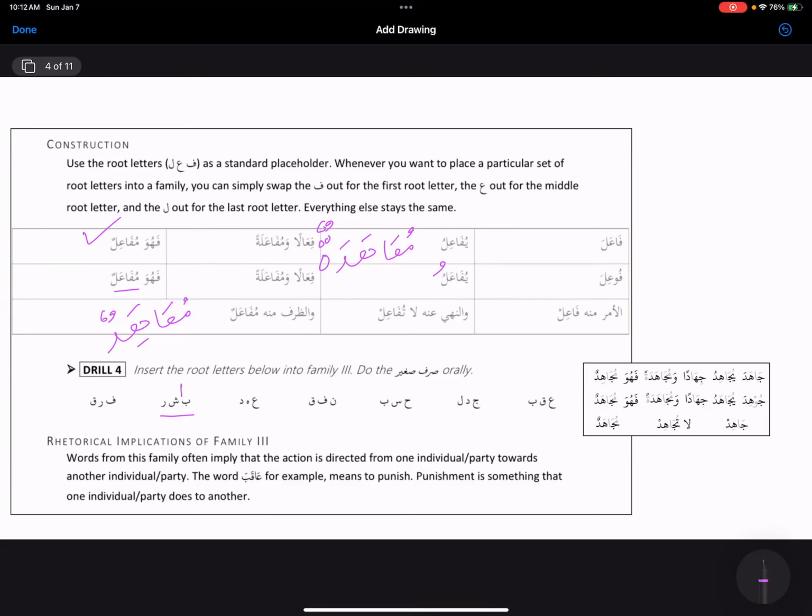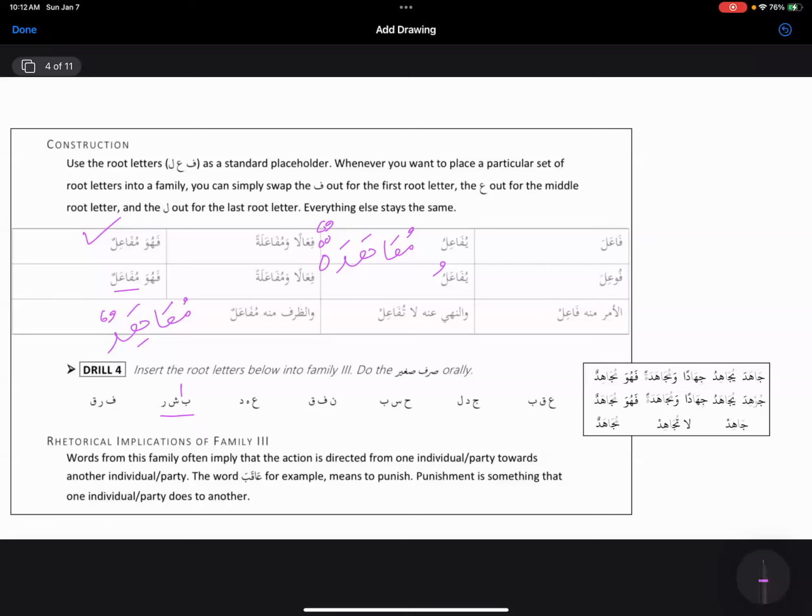Very good, mashallah. Wa amru minhu bashir, bashir, wa nahi minhu la tubashir, wa zarfu minhu mubasharun.